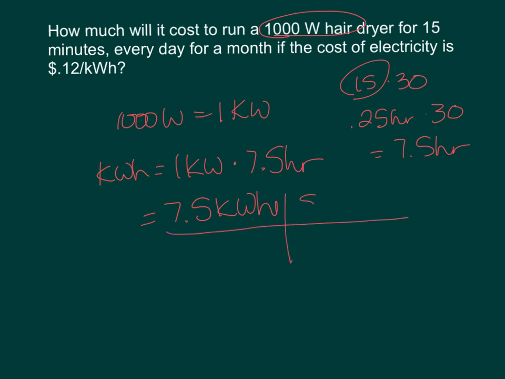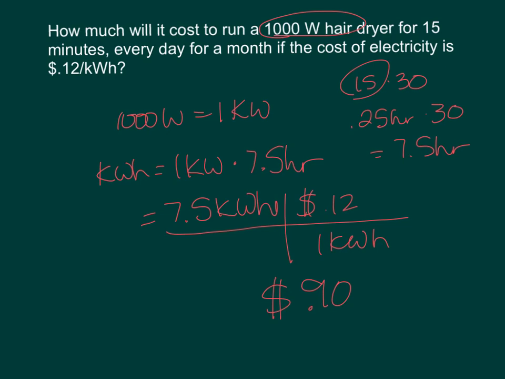It costs 12 cents for 1 kilowatt hour. So altogether, that's going to be 90 cents. You cost your parents 90 cents by blow drying your hair every day for 15 minutes, which is not that bad, but you know, you put it on top of all the other things that you do, maybe it is a lot. I don't know. So are you willing to pay 90 cents a month?